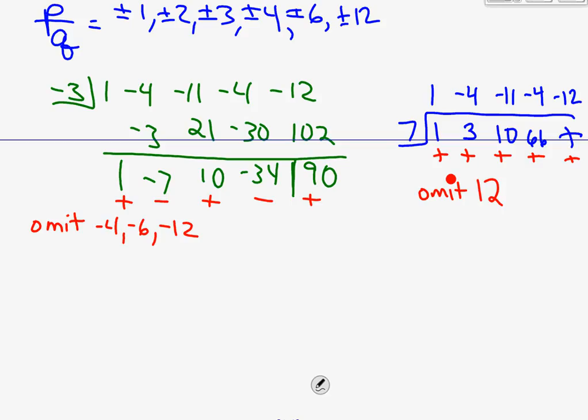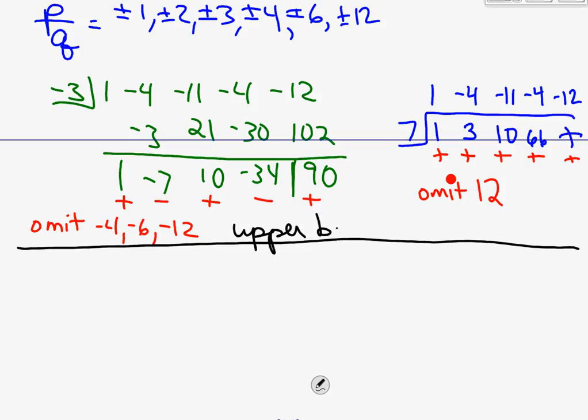When I looked at it, it looked like negative 2 might have been a 0, so that's the next one that I'll try. So my upper bound is 7, and my lower bound is negative 3.